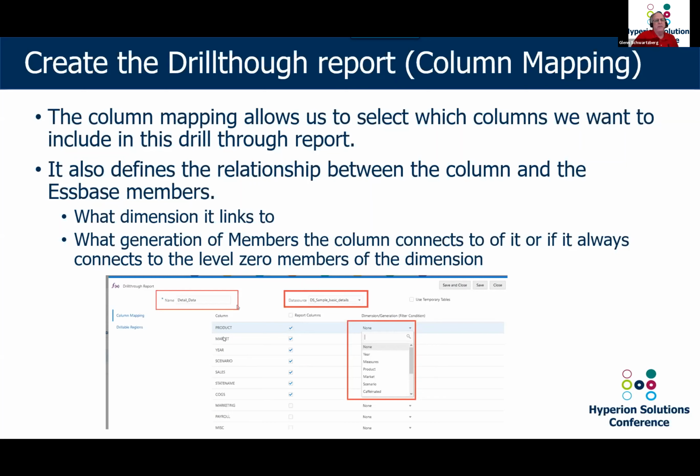Now, in my case of market dimension, remember I showed you before that the market was east, west, north, and south, which is my generation 2 in my Essbase cube. So I would say that this is part of the market dimension, and instead of saying level 0 members, I'm going to say it's going to be generation 2.